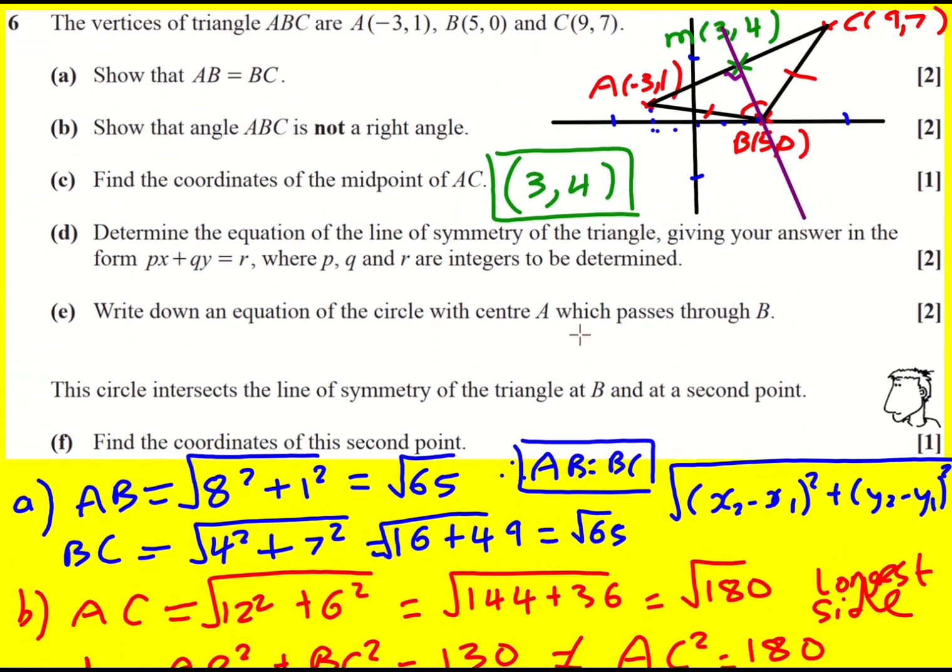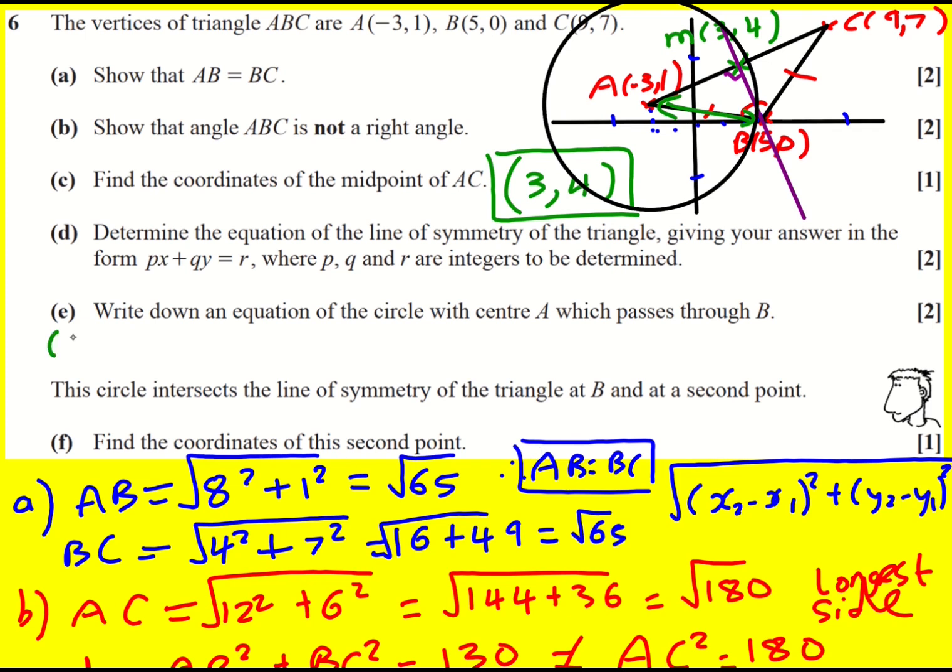Write down an equation of the circle with center A, which passes through B. Okay, so we've got the center is -3, 1, and it's going to have radius AB, which we've worked out before. We've found that it was root 65.